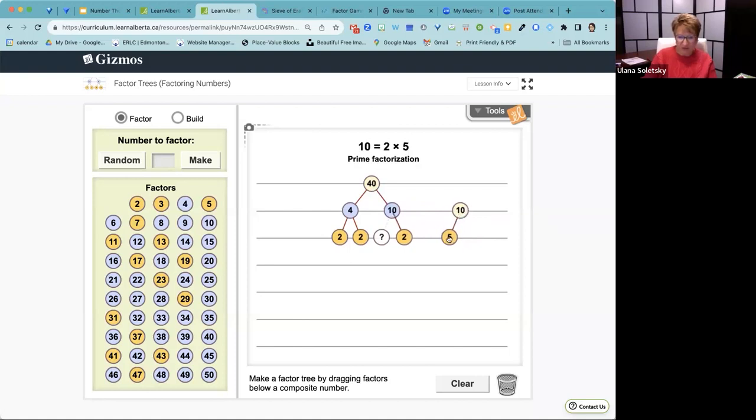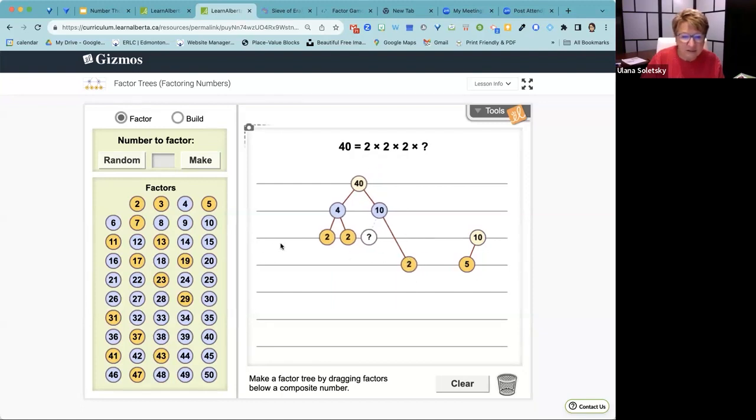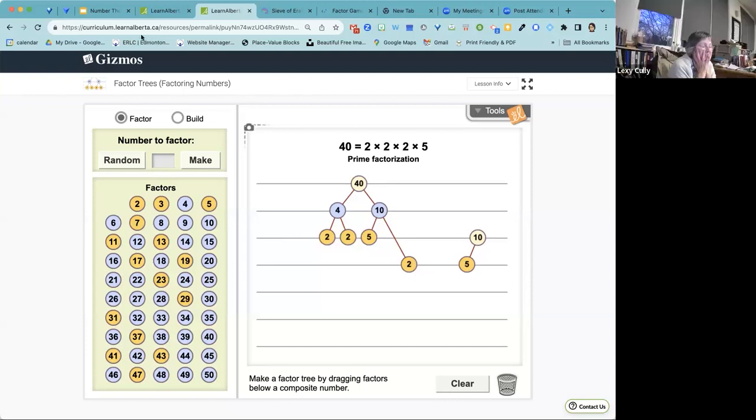I know what I did wrong there. How do I erase that? 2 times. Okay, ignore those two. And so it is 2 times 2 times 2 times 5.